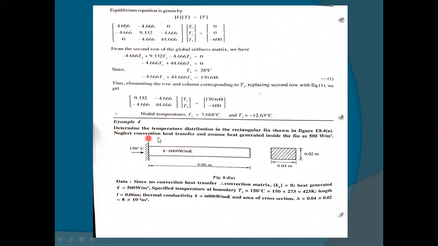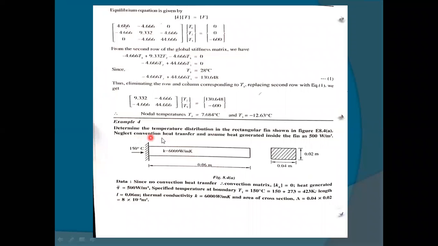Neglect convection heat transfer and assume heat generated inside the fin as 500 watt per meter cube. And see here, you have to notice that they told us to neglect the convection heat transfer.